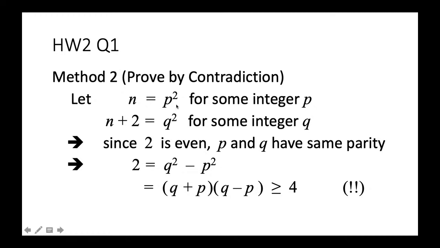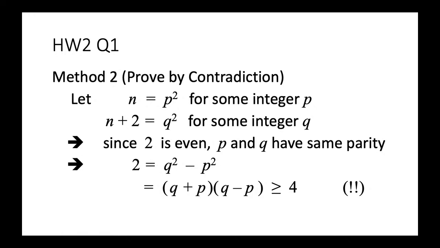Is that okay? Now, q squared minus p squared, you can decompose it as q plus p multiplied with q minus p. Now, notice that p and q are of the same parity. So in that case, q plus p must be an even number, and q minus p must also be an even number.